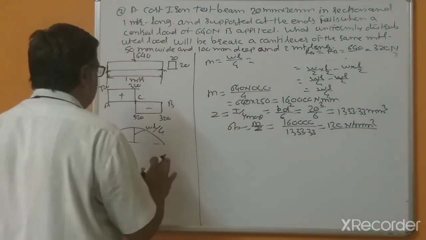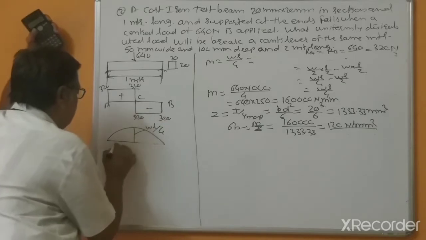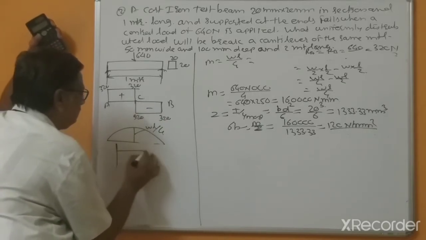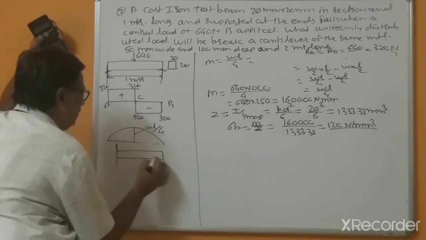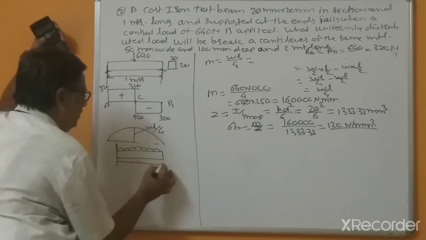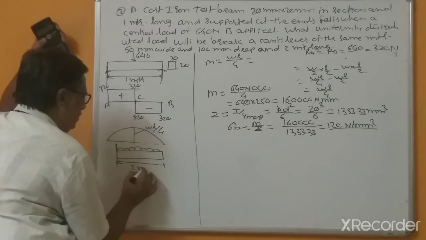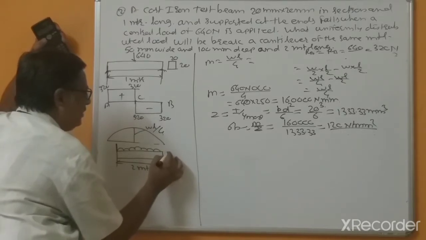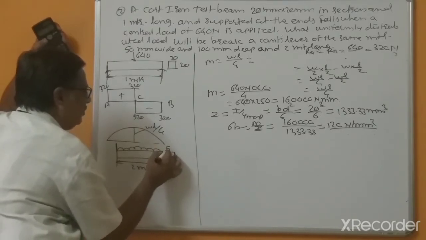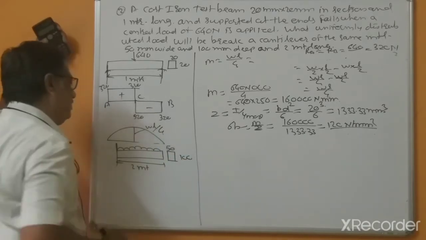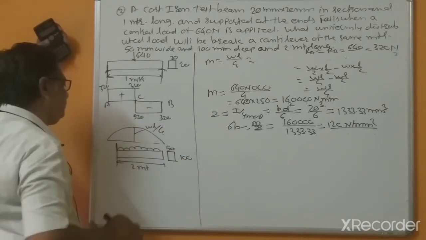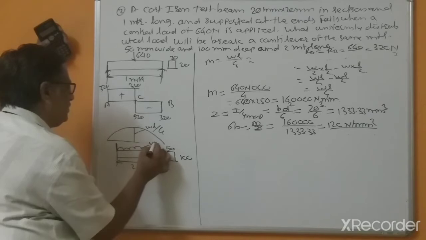Second case now, this is a cantilever and this is a uniform distributed load, length equal to 2 meter, and this cross section 50 by 100. So this is W per meter.